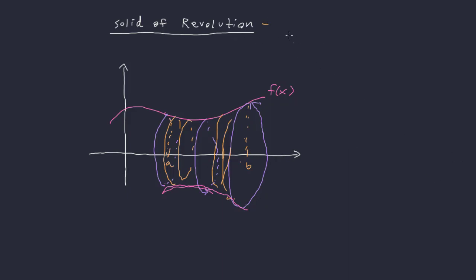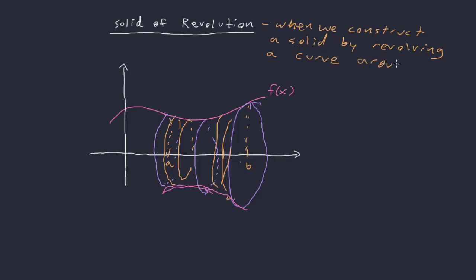So essentially a solid of revolution is when we construct a solid by revolving a curve around a line.